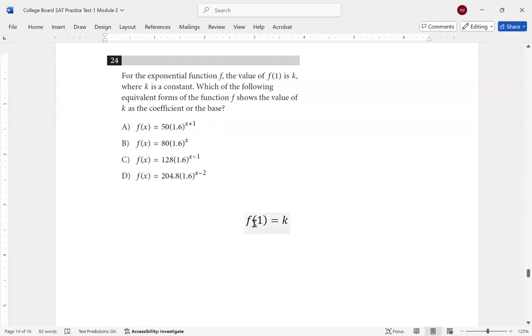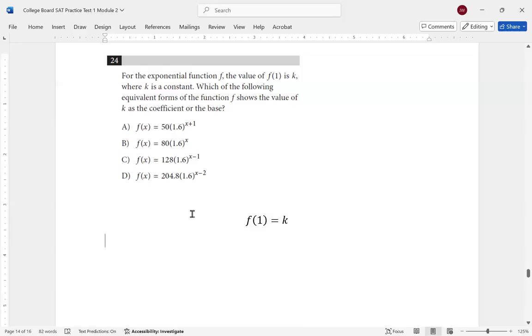Realize that the base is always going to be changing, so k is not going to be the base. K is going to be some coefficient. And so of these, when I plug in 1, when do I get the coefficient?